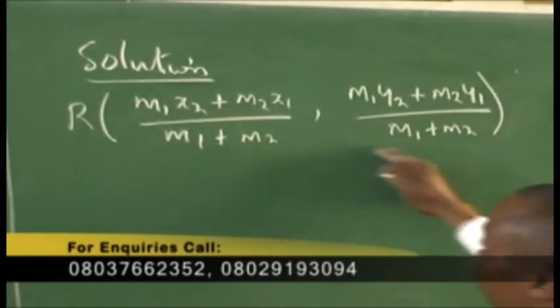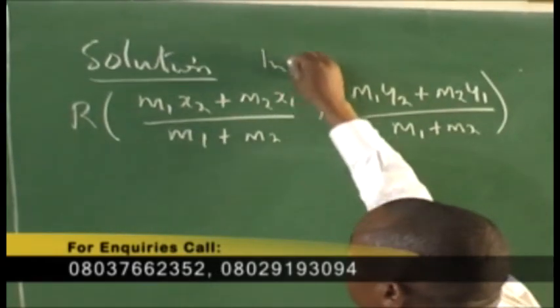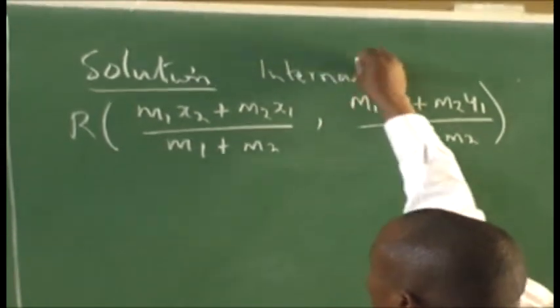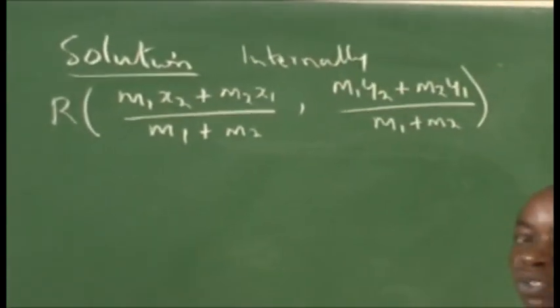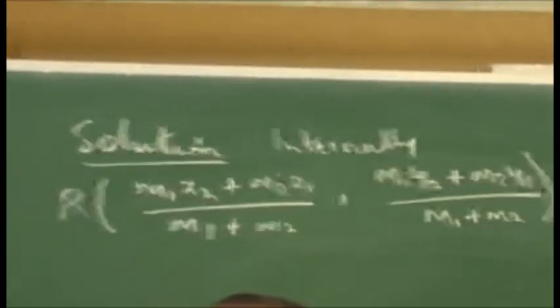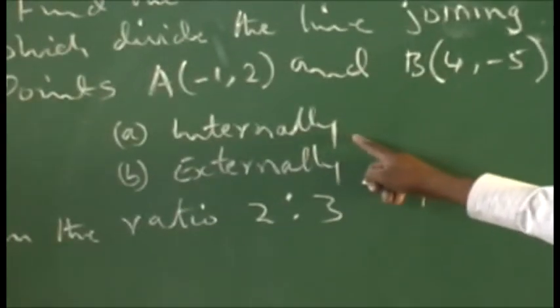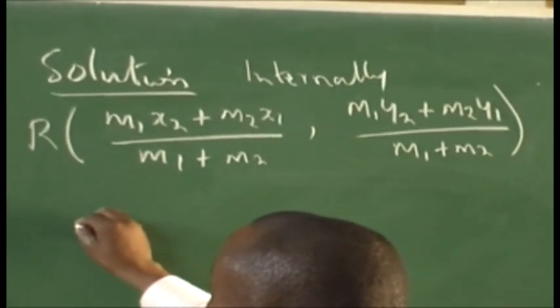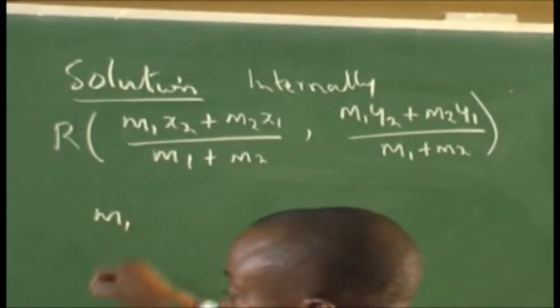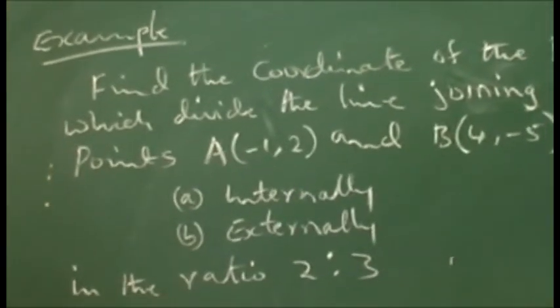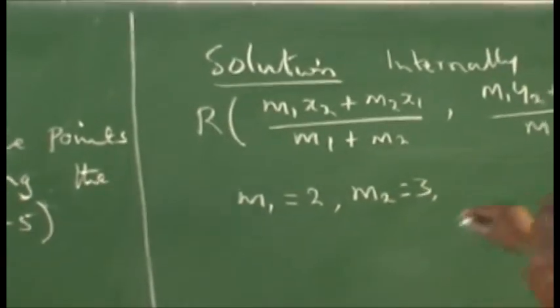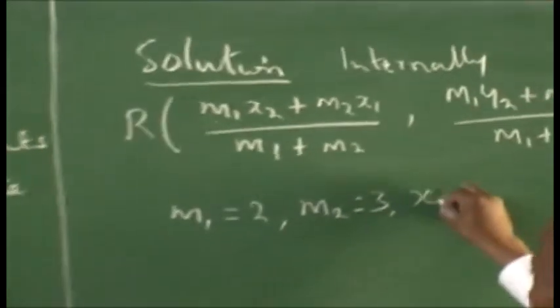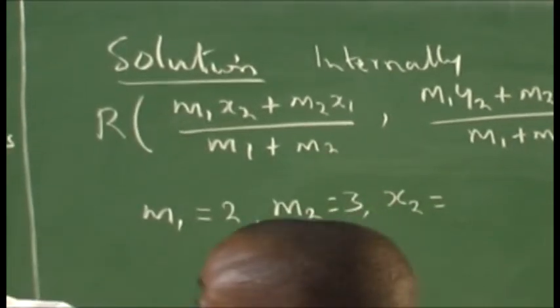This will be the coordinates of R internally. So we are going to use this to deal with the internal division. So that means that what we will have here is M1, as ratio 1, is equal to 2. M2 is equal to 3. Now, X2 is what? See, X2 is 4.